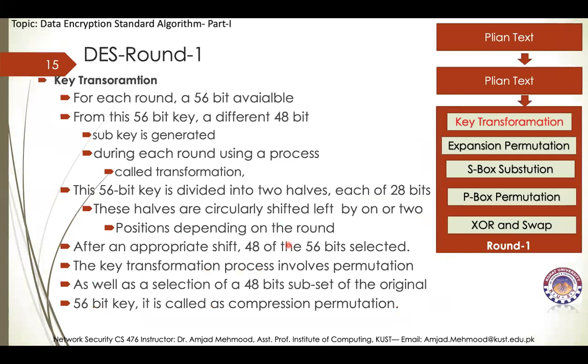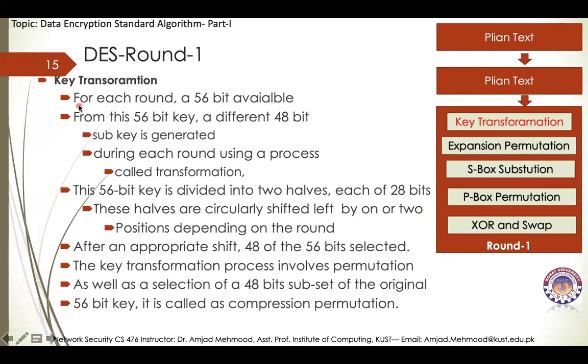Now, after initial permutation, it reaches round number 1. Round number 1 consists of all these steps: key transformation, expansion permutation, S-box substitution, P-box permutation, and XOR and swap. Today we will be discussing key transformation.